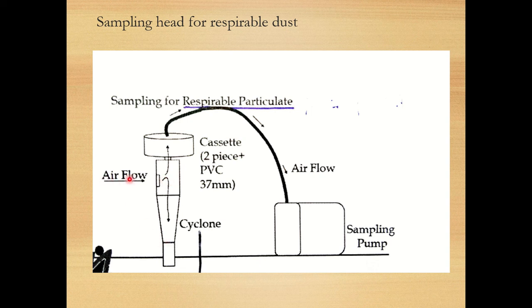First the air will flow, and the larger particles, which are larger than 10 micrometers, will go downward and accumulate at the bottom of the cyclone, and the smaller ones, which are less than 10 micrometers, will go upward through the cassette and PVC filter, up through the tubing and flow out to the sampling pump.